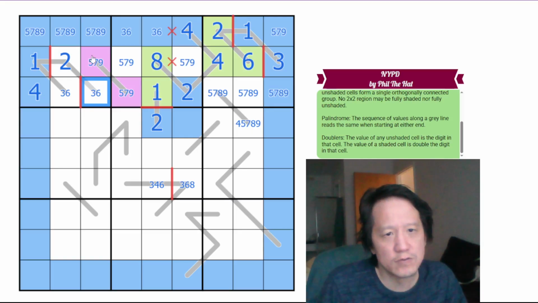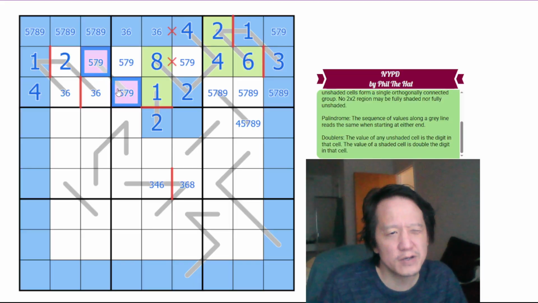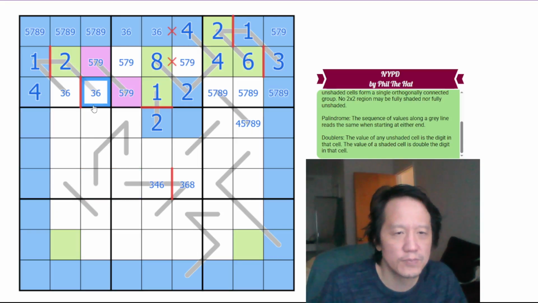Okay, so let me double check. Green, green means this is blue and this is green, right? So green, green. Oh, this has to be green. We know that for certain. This is green. This is green.